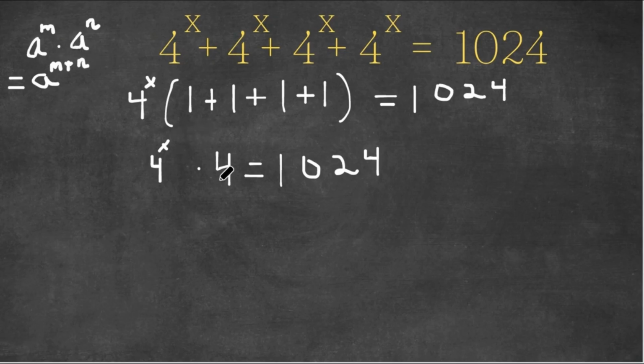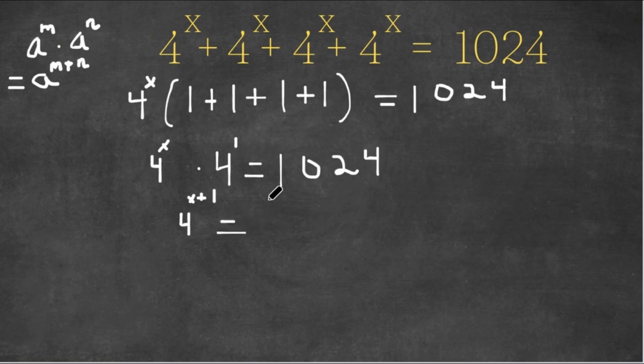So 4 to the power of x times 4 to the power of 1, because 4 is equal to 4 to the power of 1, is going to be equal to 4 to the power of x plus 1, because x in this case is m and 1 is n.